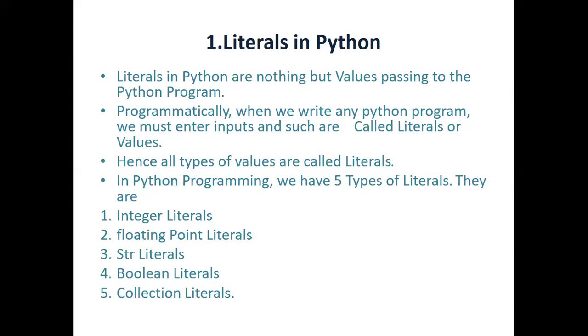So all types of values are known as literals. In Python programming, we have five types of literals: integer, floating point, str, boolean, and collection literals.